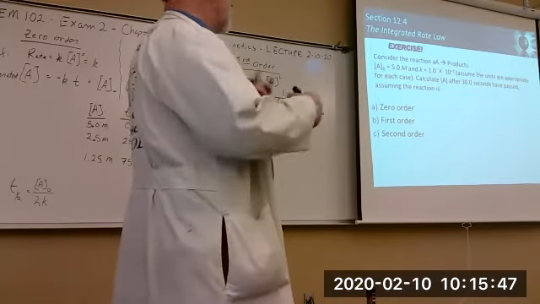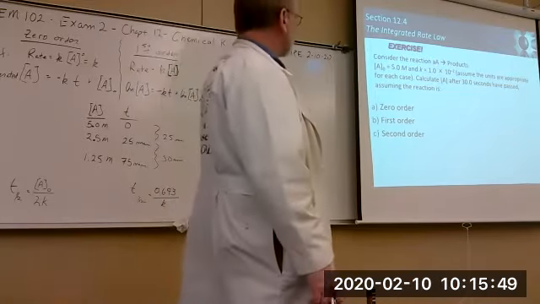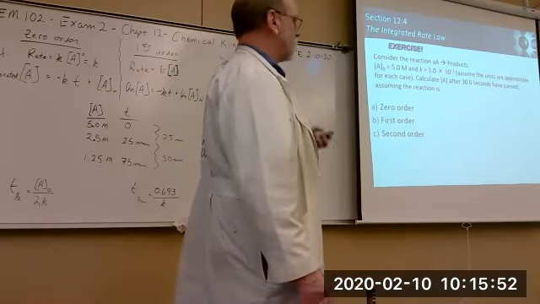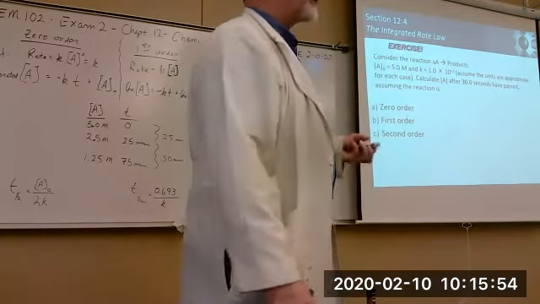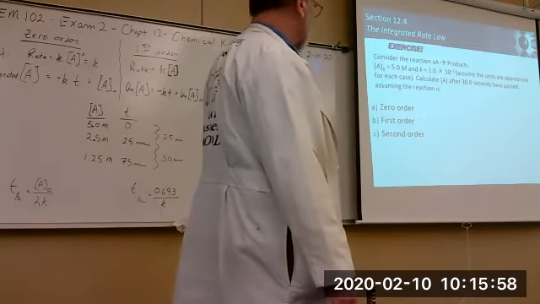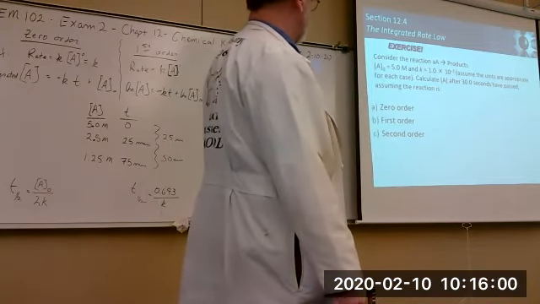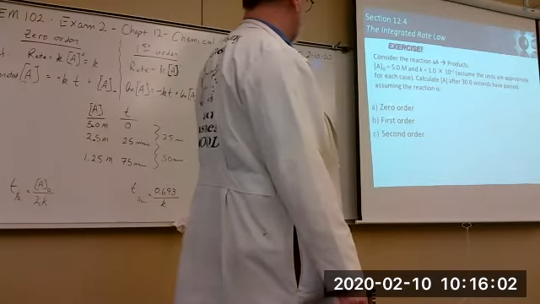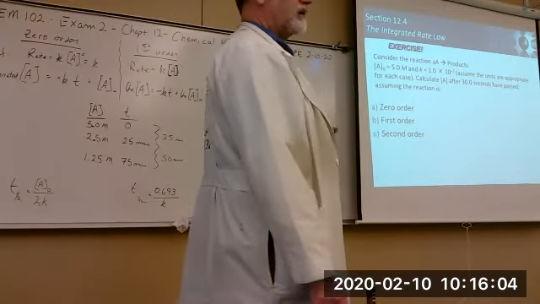Let the units for K be whatever they will. We're more interested in what the concentration looks like after 30 seconds, if it's a 0 order, a first order, or a second order.